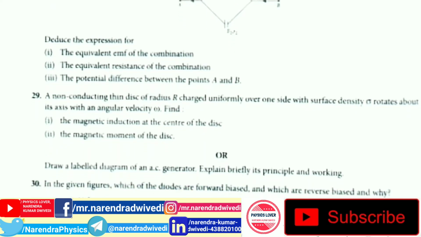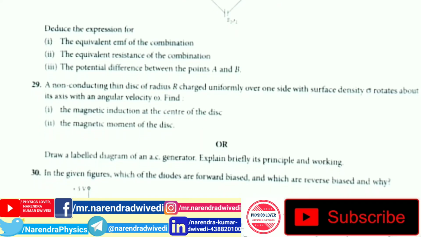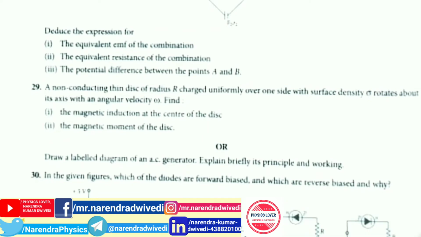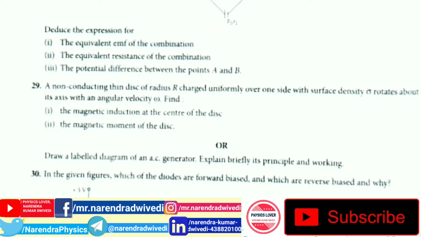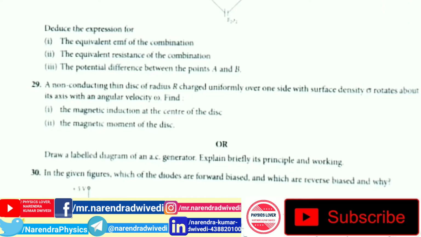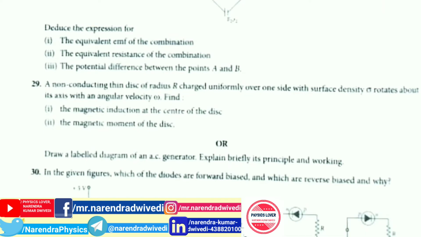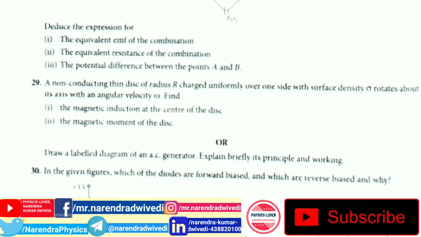Find the value of wavelength and wave number. Or, in an electromagnetic wave in free space, the root mean square value of the electric field is E_rms equal to 6 volt per meter. Find the peak value of the magnetic field.